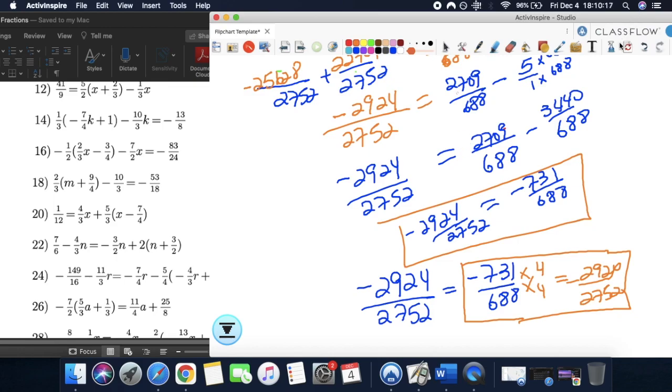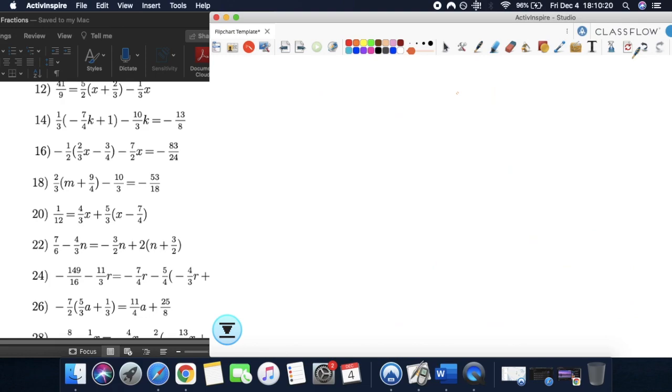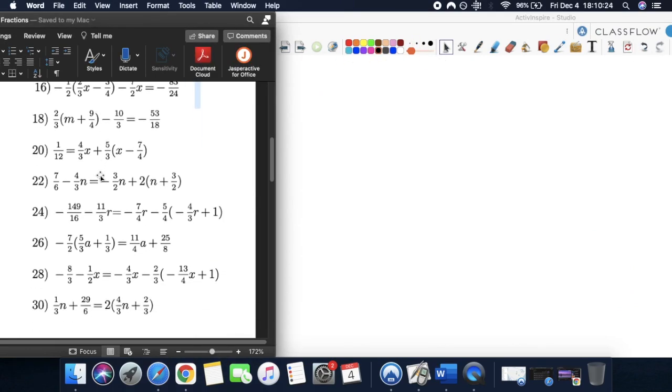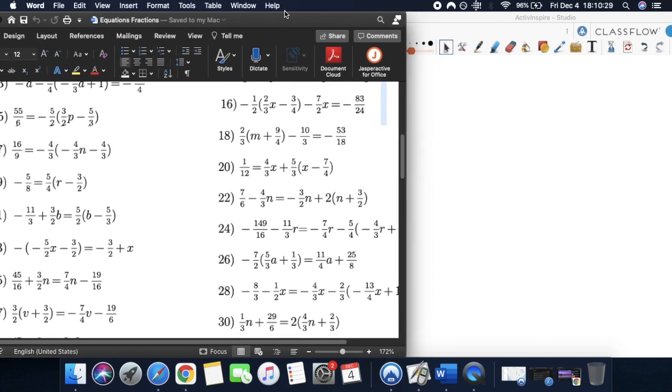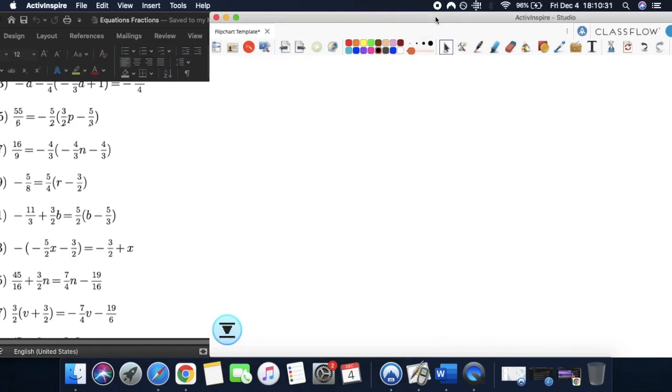27 is on the other side. Go. 27 is 3 halves. 3 halves V plus 3 halves again equals negative 7 over 4 V minus 19 over 6.